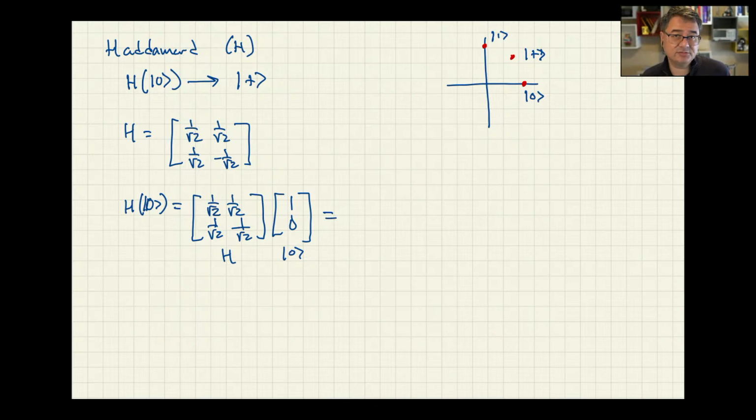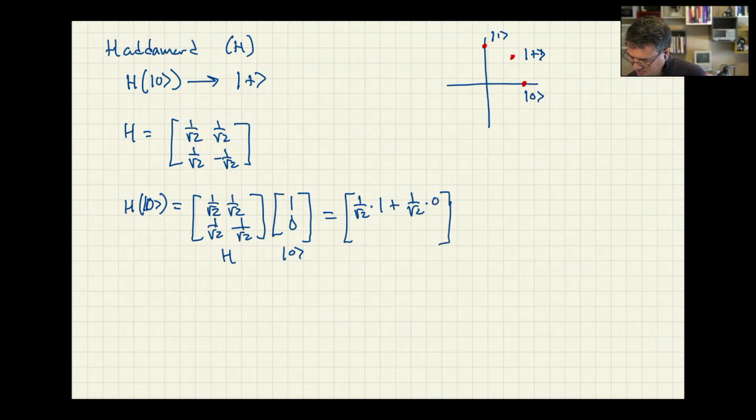Okay, and then we'll just do the matrix multiplication. So first is that pair of numbers, 1 over root 2 times 1 plus 1 over root 2 times 0. And on the bottom, we've got 1 over root 2 times 1 plus, whoops, minus, this is a negative here, minus 1 over root 2 times 0.